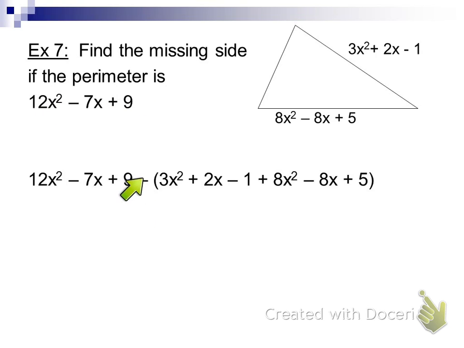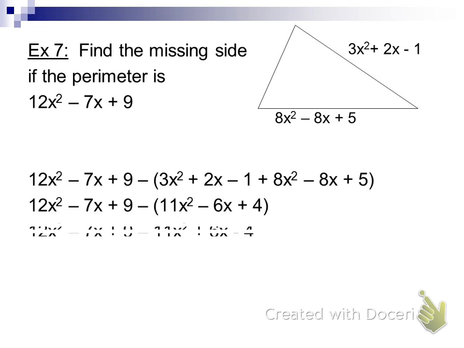Now, I will need to not just subtract the first term, but all of the terms. So I'm going to first distribute that negative after combining the like terms. So they shortened it up here for us, which is great. X squareds go together to give us 11x squared. 2 minus 8x gives me negative 6x or minus 6x.